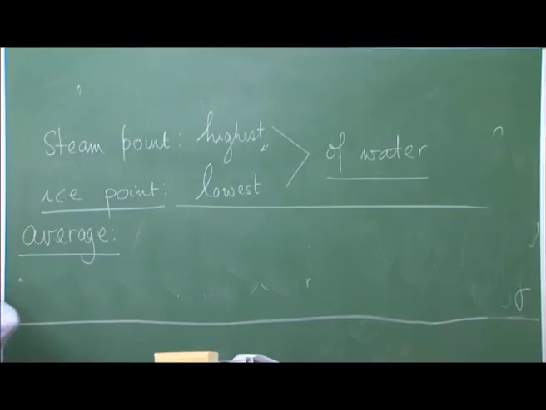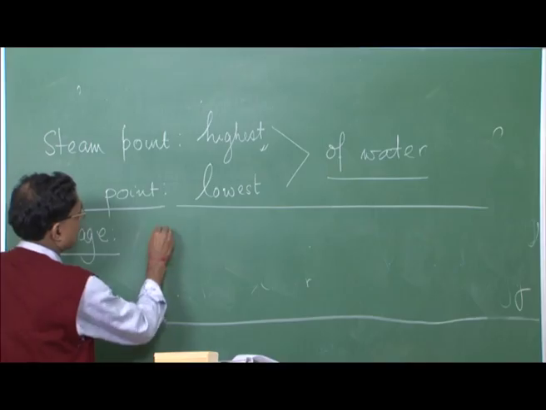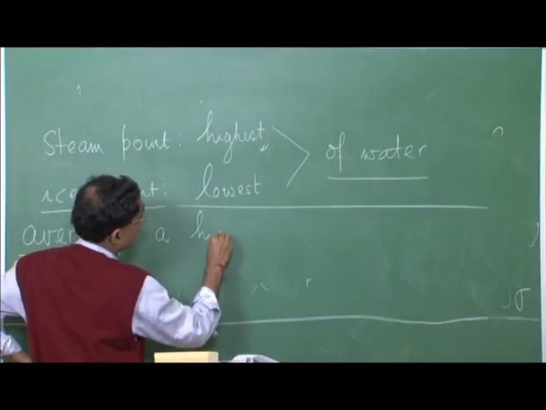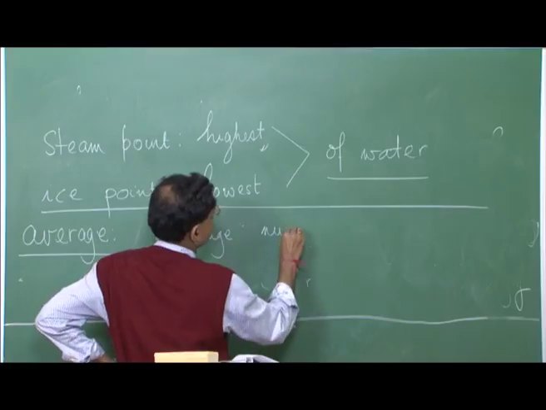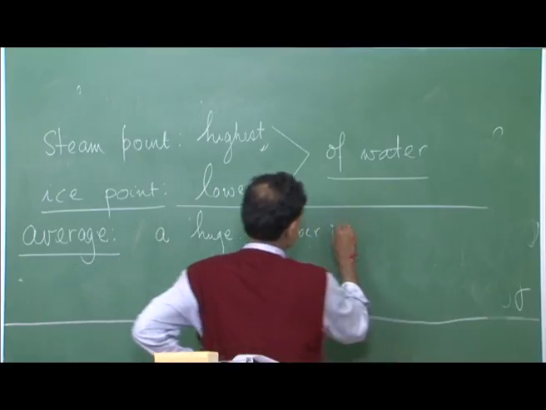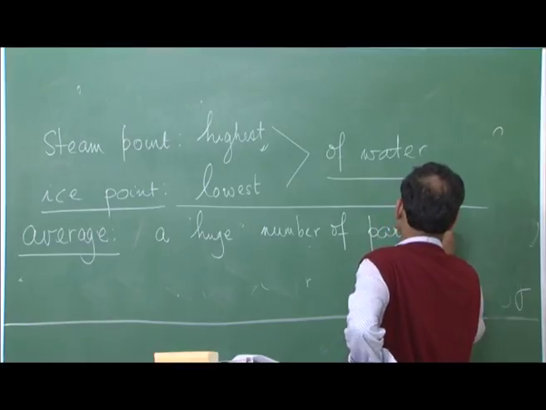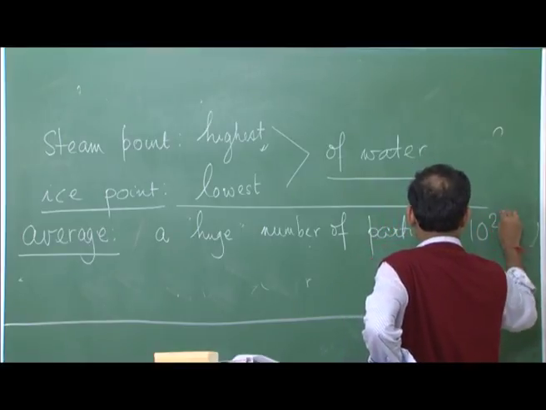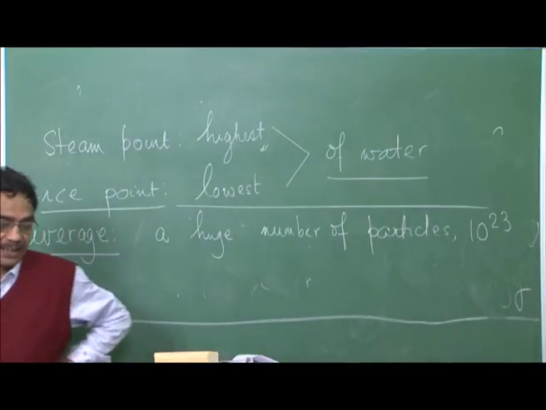Firstly, this is the first time I will be dealing with a huge number of particles. What I mean is that I will be dealing with a system of particles with 10 to the power 23 molecules, let us say, which is typically the Avogadro number.